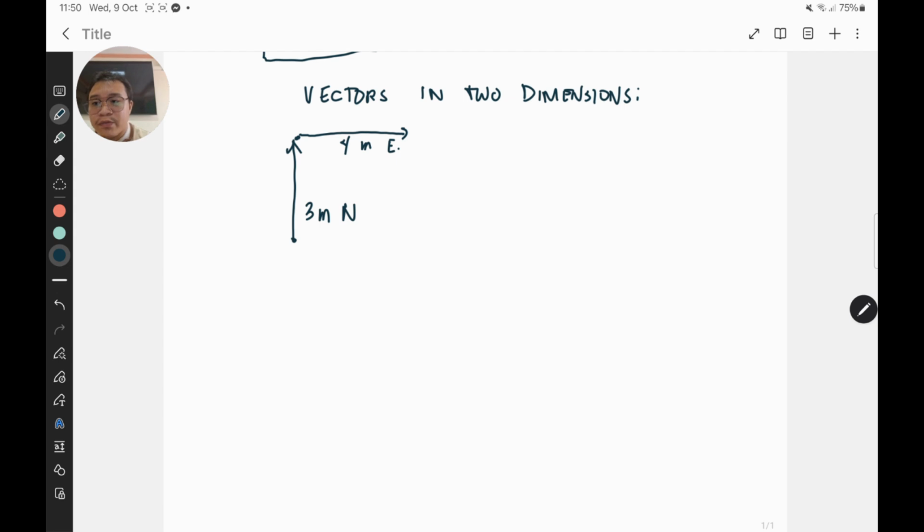The tail of this first vector, which is here, I'm gonna mark that with red, and the head of the final vector, which in this case is 4 meters to the east. Then we draw a straight line from the tail going towards the head of the second vector. And in this case, this will be our resultant vector for this example.